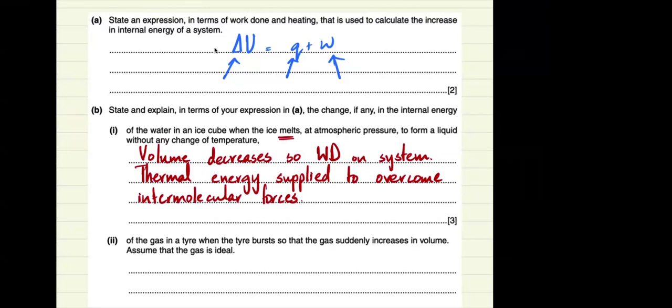But here, because this is such a case of an anomalous liquid, even if you say that there is maybe no change to the volume, you can also ignore this idea. The examiner is also willing to accept that. So if somebody says that volume does not change by all that much, so W is 0, that's also acceptable, right? But the thermal energy needs to be supplied for melting.